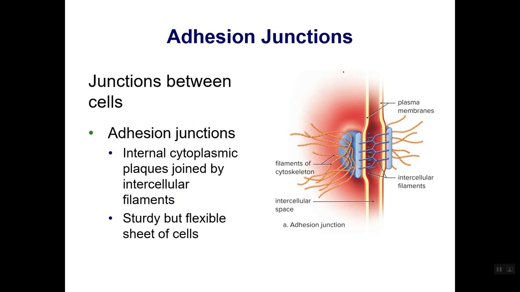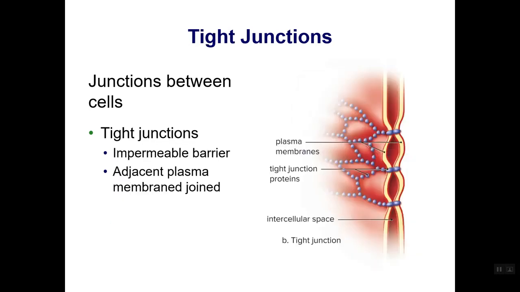So the first one was an adhesion junction. So they have internal cytoplasmic plaques that are joined by intercellular filaments here. They're very sturdy, but flexible. Tight junctions.